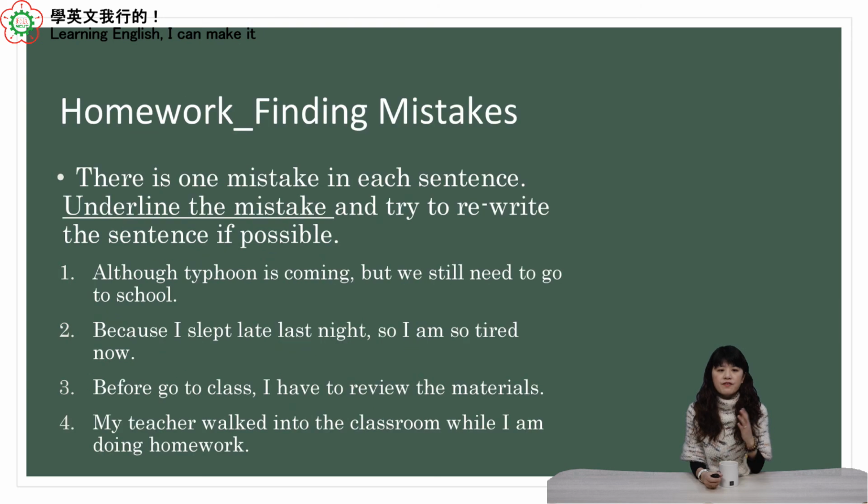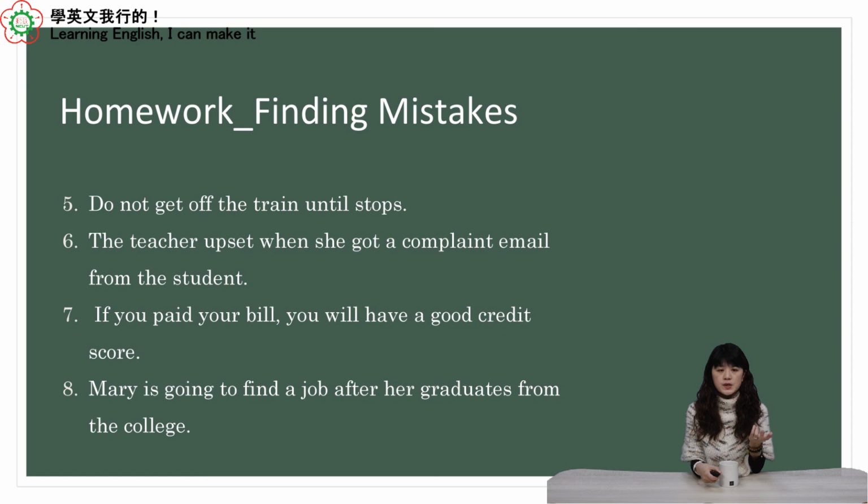Okay, so the following slides are your homework assignment. I would like you to try to find the mistakes in the sentences. There are 8 sentences total, and in each sentence you can find at least 1 mistake. Rewrite the sentence and post it in the assignment box.